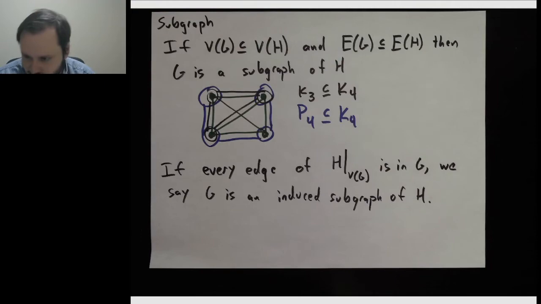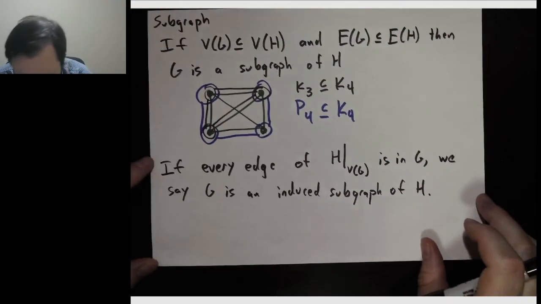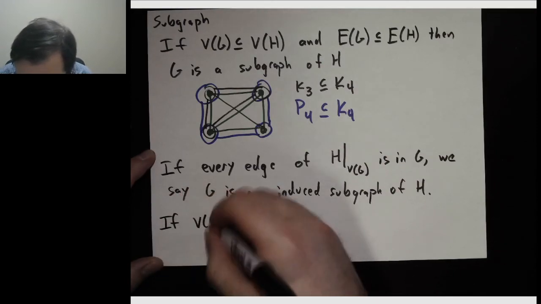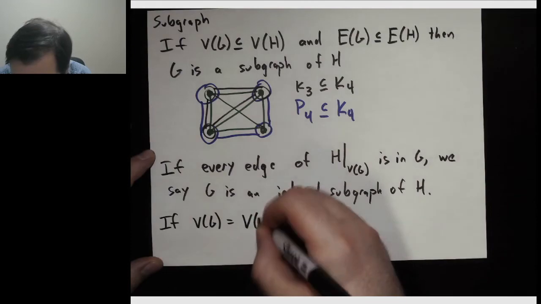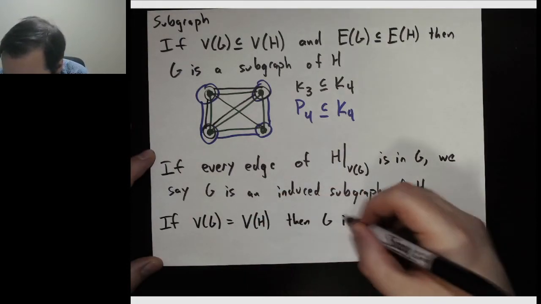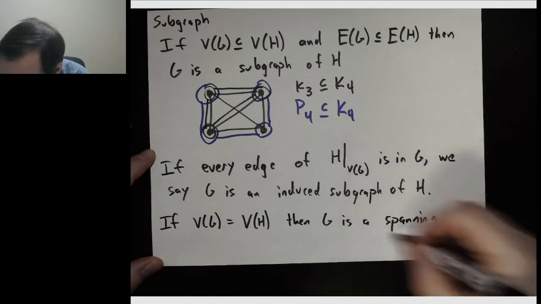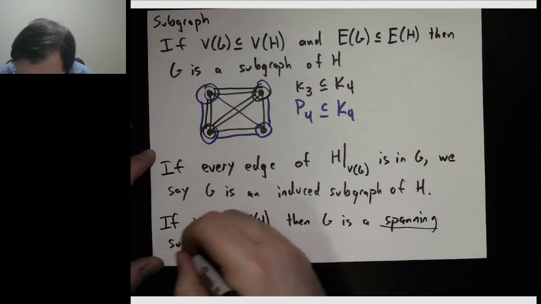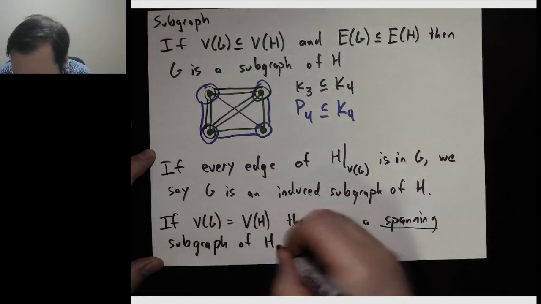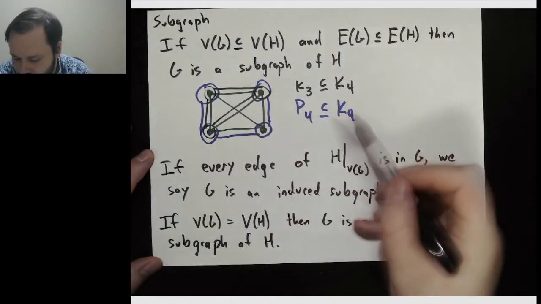And the last thing I'll define in today's lecture is a spanning subgraph. If the vertex set of G equals the vertex set of H, then G is a spanning subgraph of H. So P4 is a spanning subgraph of K4.